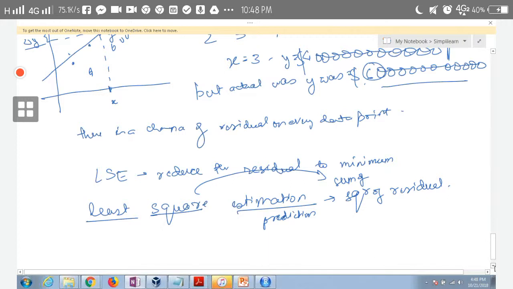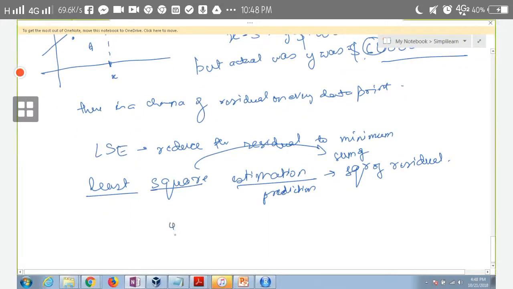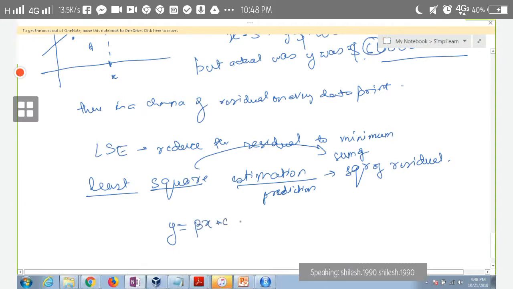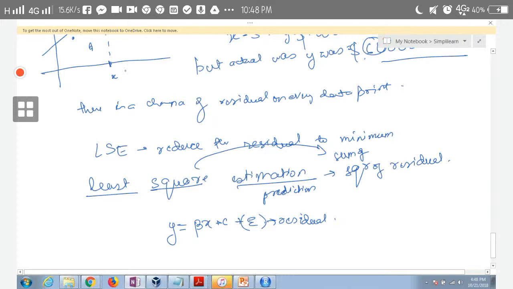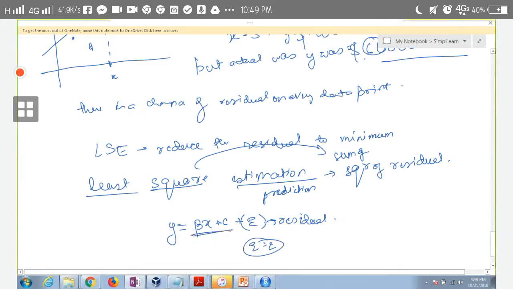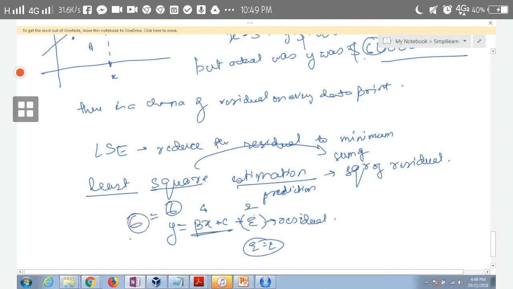So let's call this residual by a unified term, beta x plus c plus epsilon. Why? Because had I considered a factor which would have brought my value up, let's say in the above case the value of epsilon was 2, so predicted was 4 and plus epsilon 2 would have made the value of y as 6, exactly the value in reality.